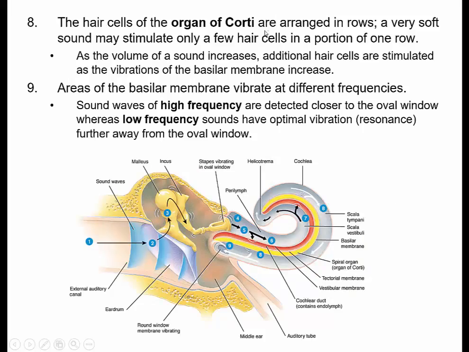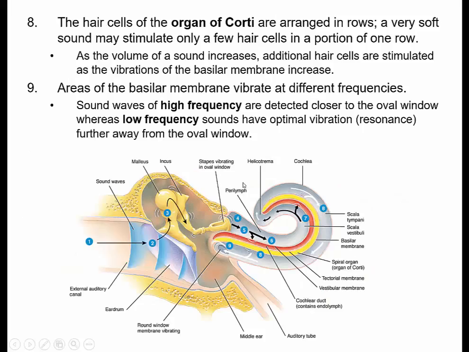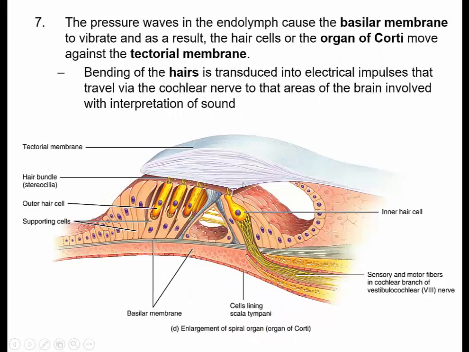The hair cells of the organ of Corti are arranged in rows, and very soft sound can stimulate only a few hair cells in a portion of one row, shown here, whereas loud sounds will stimulate more of these. You've probably had that experience where you go to a rock concert and the music is really loud.